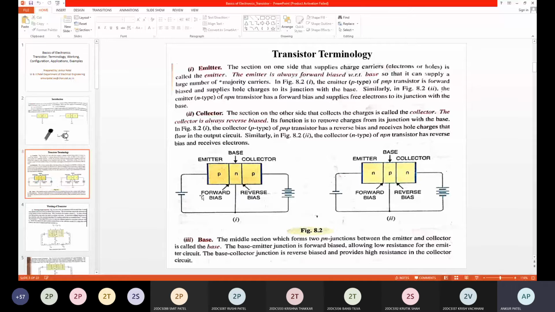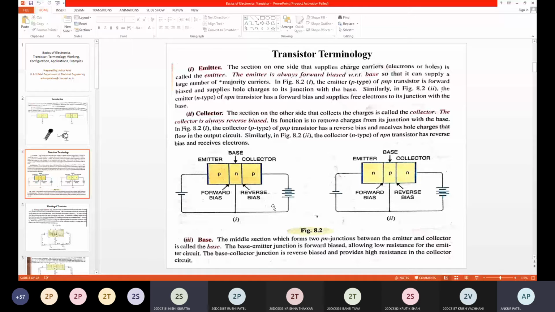Yes, good. But what is the function of forward bias and reverse bias in the circuit? Sir, if it is connected in forward bias, it will act as a closed circuit. Current will flow through the circuit in forward biasing. Yes, in forward bias current will flow through the circuit, whereas in reverse bias the current will be blocked.